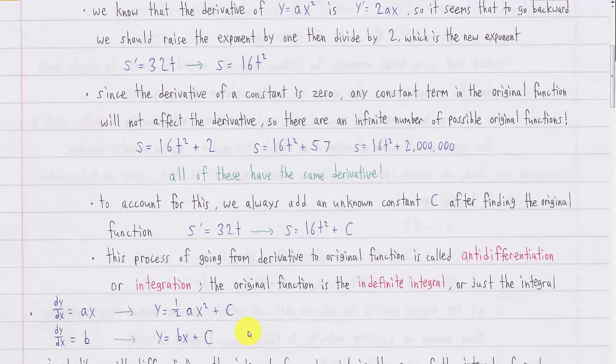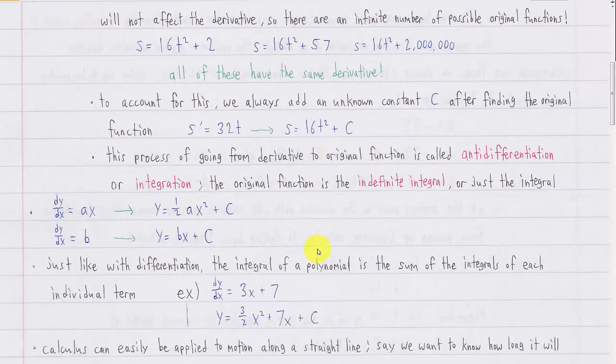So every time you find the derivative of a function, that means you can also go backwards and find the original function. Every time you learn a new differentiation formula, you're actually learning another integration formula as well.